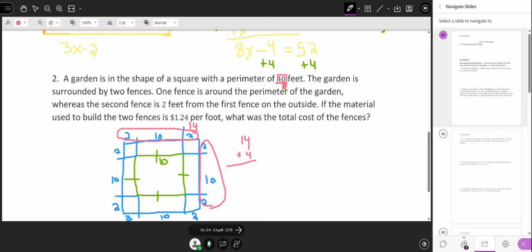So when I take 14 times 4, that gives me 56.